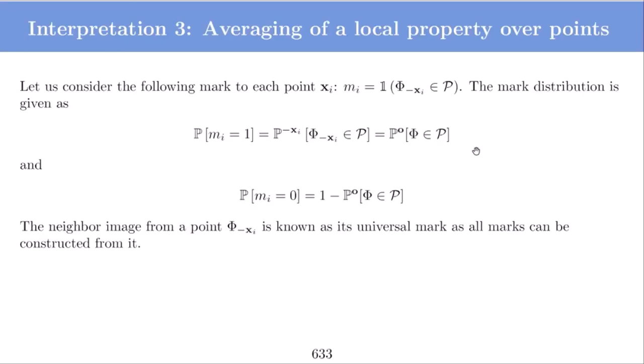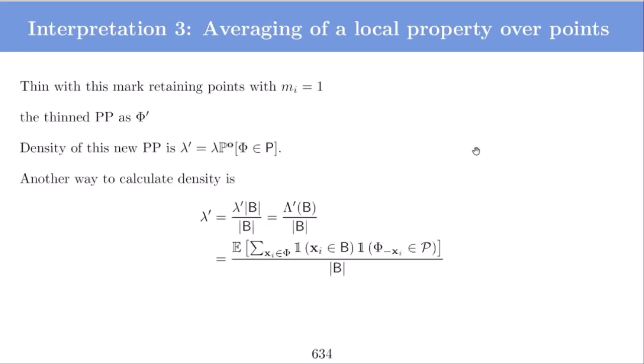Dependent or independent. So if we now thin the process, what we said is the average fraction of points which say yes, right, for which the mark is 1. So if I thin the point process such that I only retain the points which have mi equal to 1, right? So if I do that, I only get points which have mi equal to 1, and then you compute the intensity measure of that for set B. That way you also get the total number of points which say yes, right?